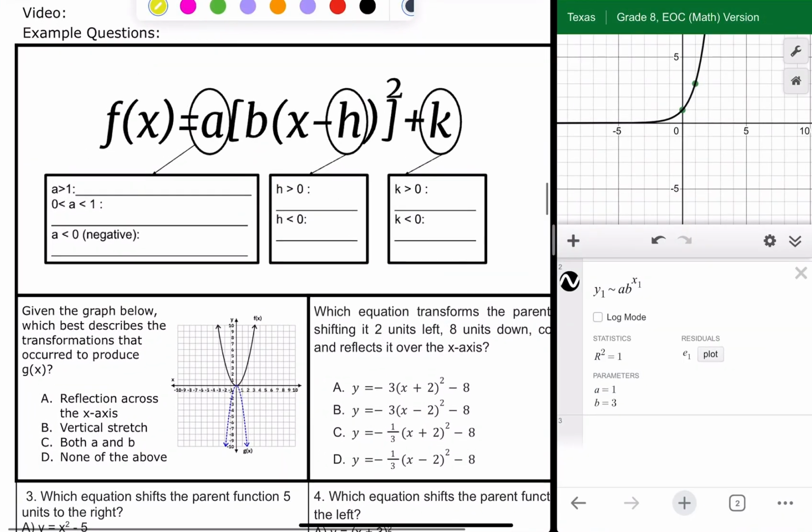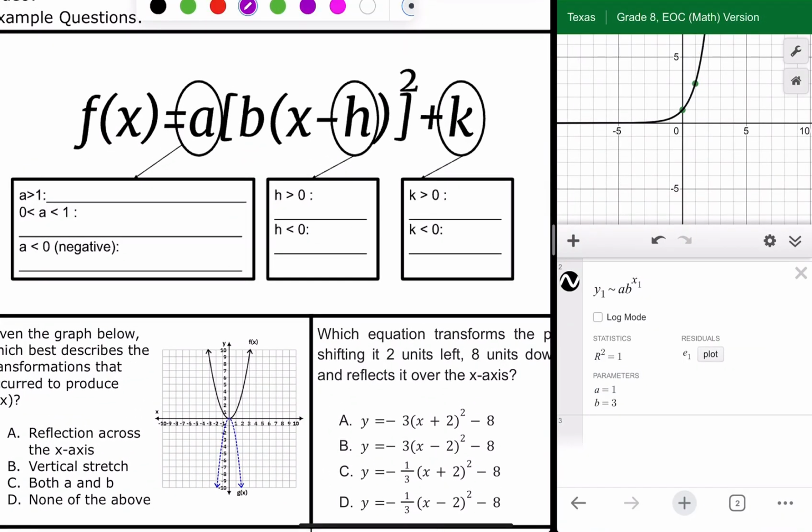So when we go over these, if A is greater than 1, it's going to be a vertical stretch, and it's going to get narrow. Some examples are like 2, 3, 4.